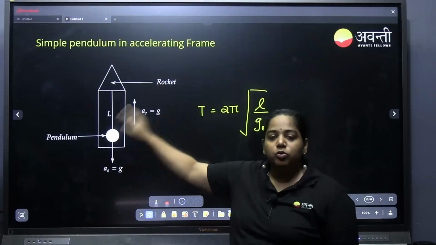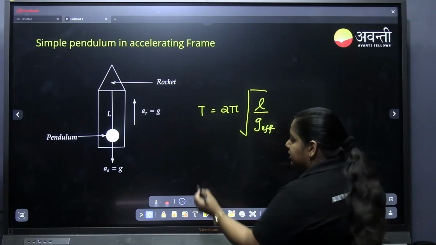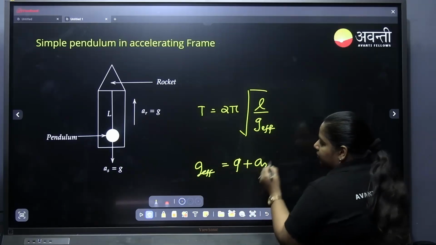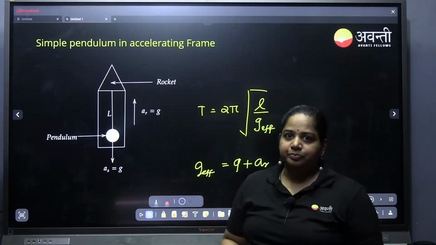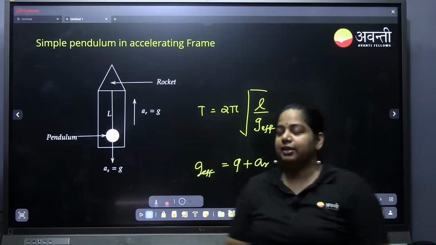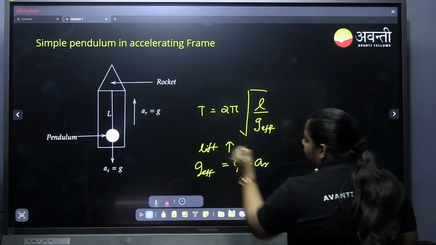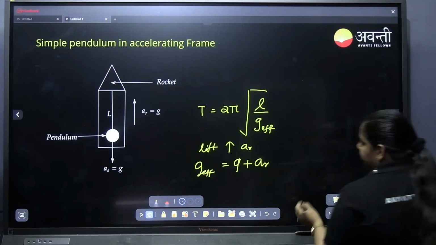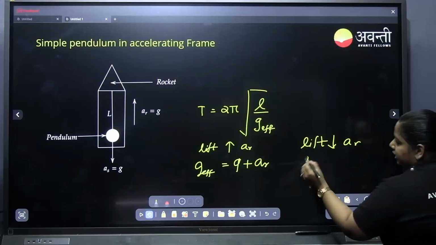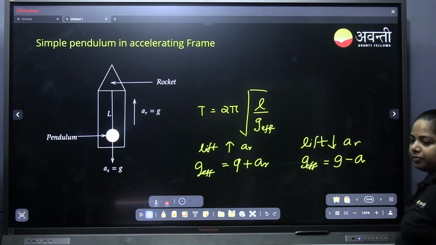If the rocket is moving up with acceleration a_R, g effective will be equal to g plus a_R for the pendulum. If the lift is coming down with acceleration a_R, g effective will be equal to g minus a_R.